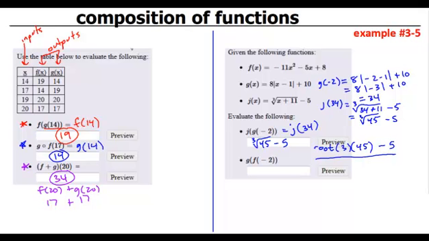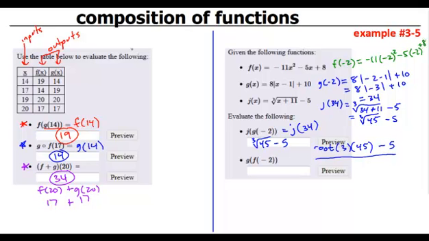All right, I want you to try the next one here. G of f of -2, please. If you start from the inside out, f of -2, we take our original function, use the -2 in our placeholders.